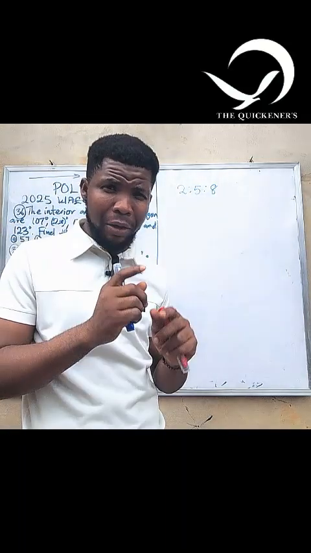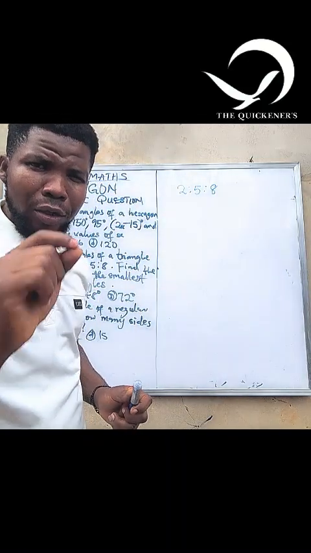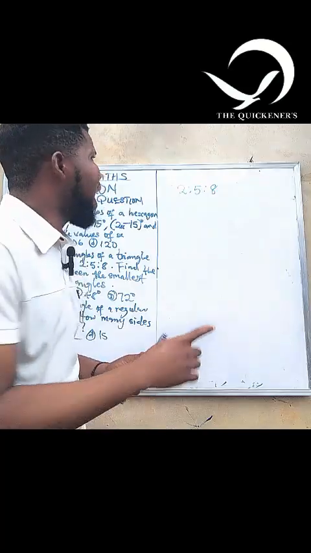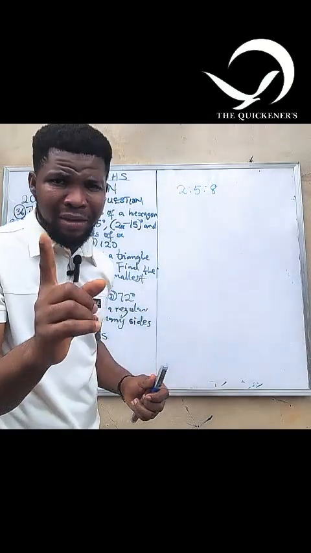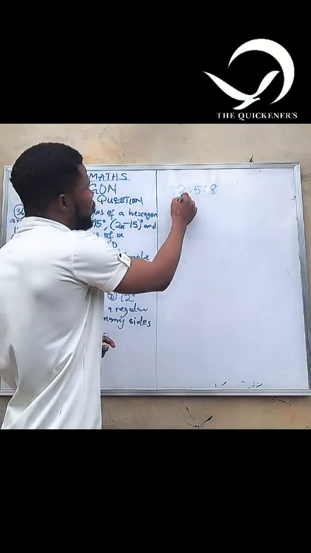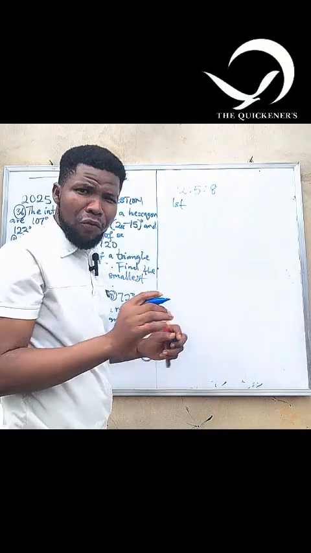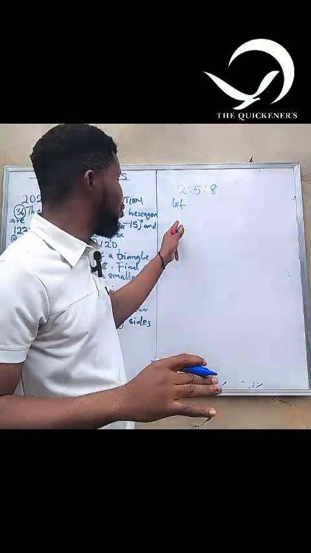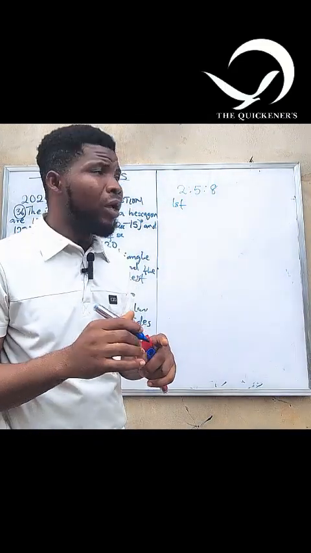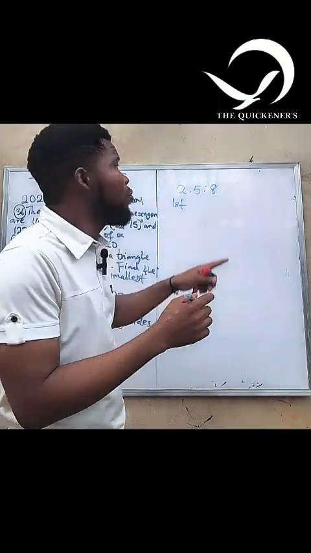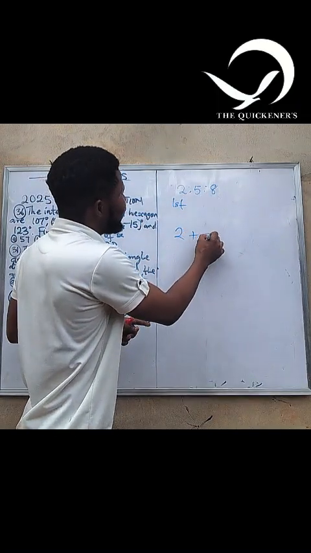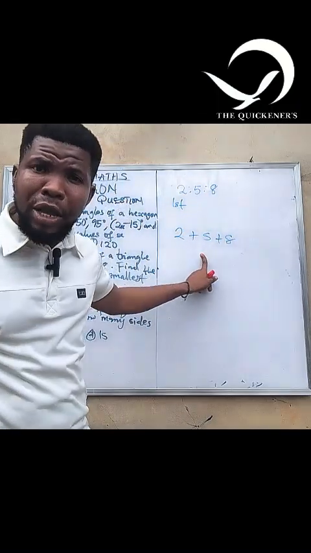Are you getting me now? So let's assume that what is common to all these angles is x, alright? There are many ways you can solve this. Remember when you add 2 plus 5 plus 8, you're not going to get 180, are you?